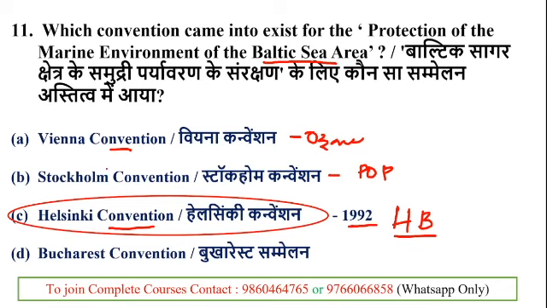And you can get another one, that is the Bucharest Convention. I don't know how many of you know about this convention. It is about the protection of the Black Sea.